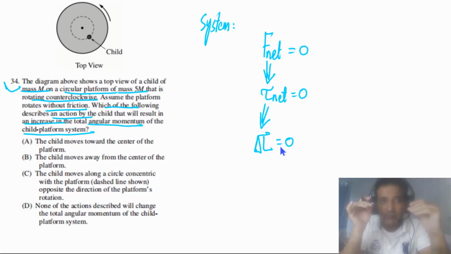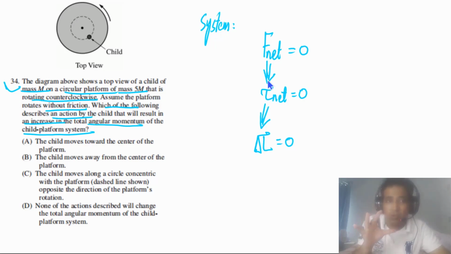So in this case, if the child is moving towards the center, moving away from the center, or moving along a concentric circle, in all these cases the total angular momentum of the system will not change. The momentum of the child or of the platform will change, but the total angular momentum of the system will not change, because there is no net external force acting on the system.